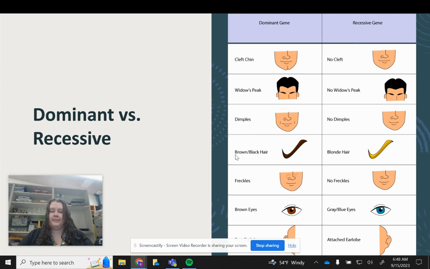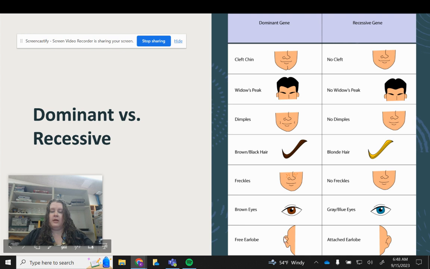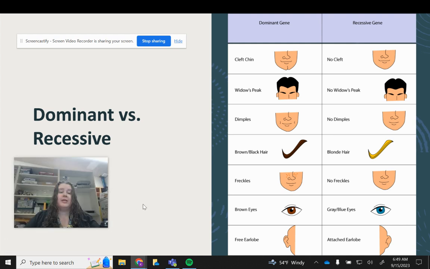Brown and black hair, freckles, brown eyes, and having a free earlobe are dominant. So no cleft, no widow's peak, no dimples, blonde hair, no freckles, gray or blue eyes, and an attached earlobe are all recessive traits. We're going to talk about why that's important and why you need to know that.